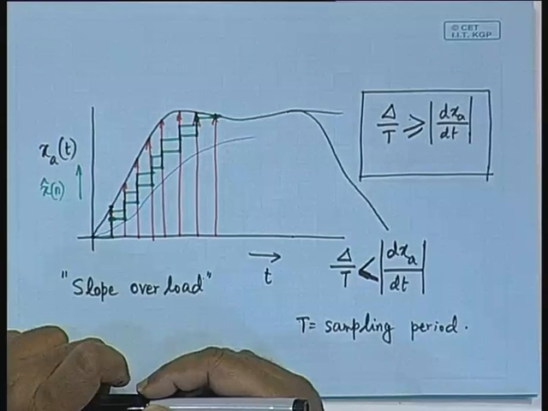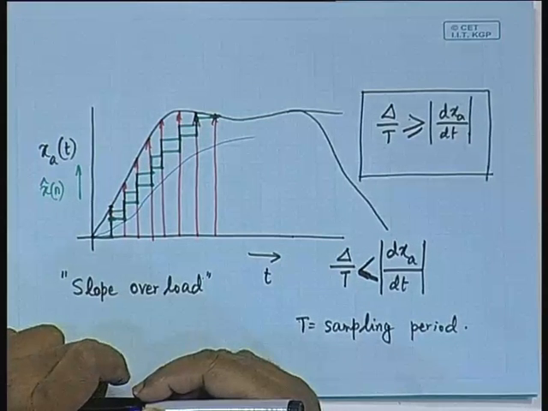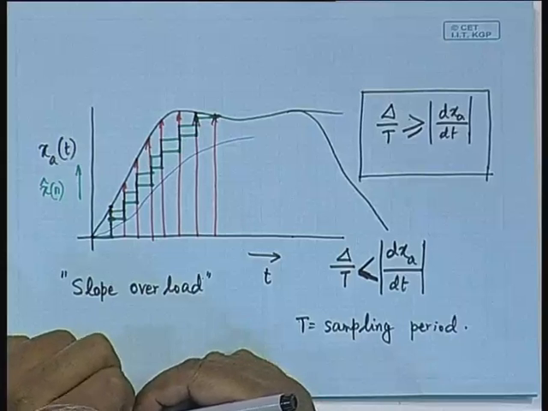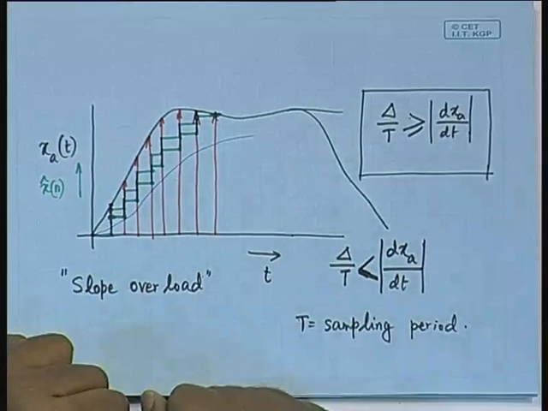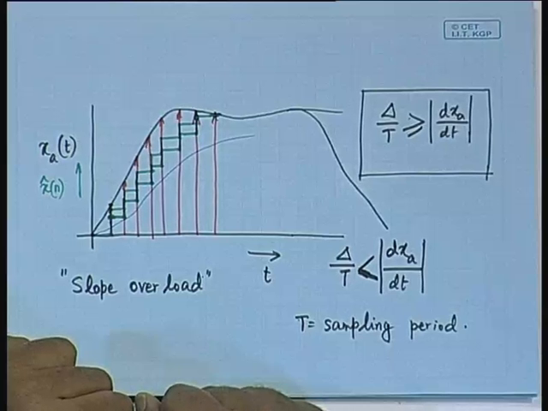And if x cap of n is able to track the input waveform, we would have got a changeover from C of n equal to 0 to C of n equal to 1.